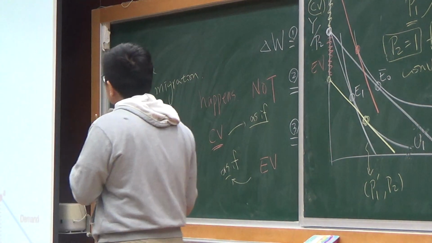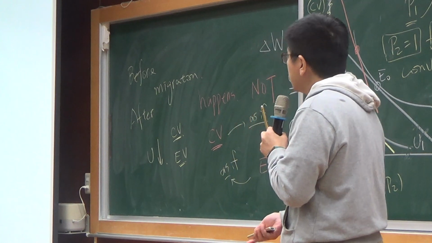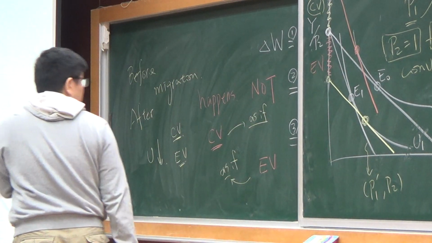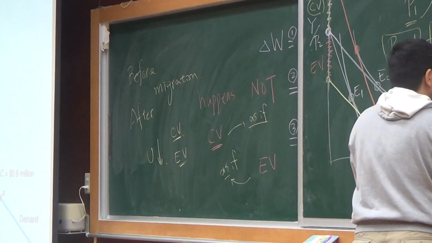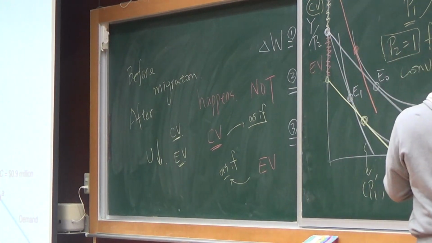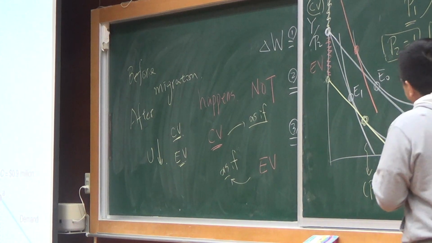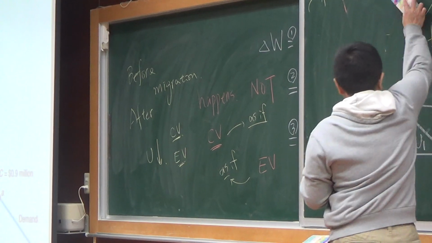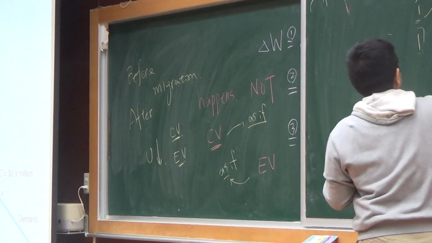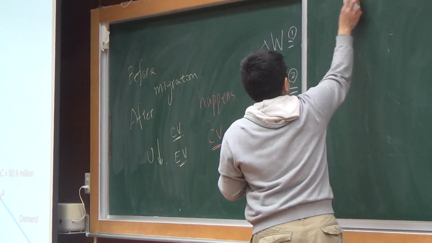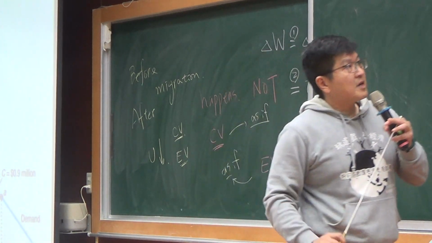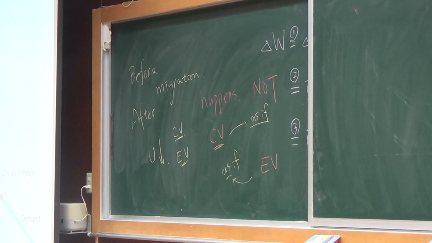Now let's proceed to this slide. I think it's easy for this one, but it's better to make a graph so that you will understand better. The market demand is the horizontal sum of individual demand curves.